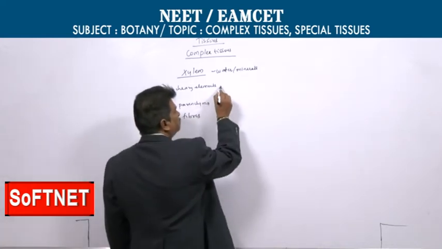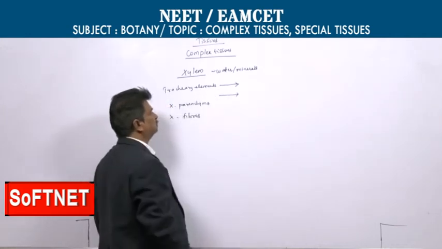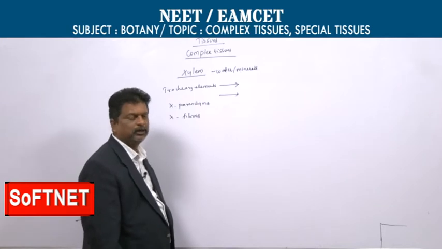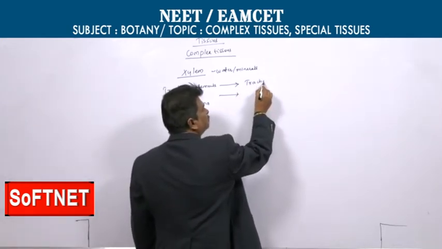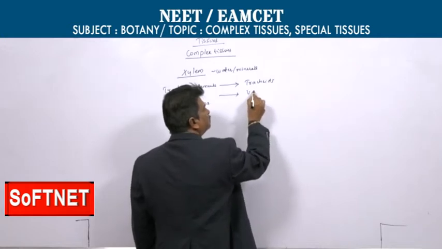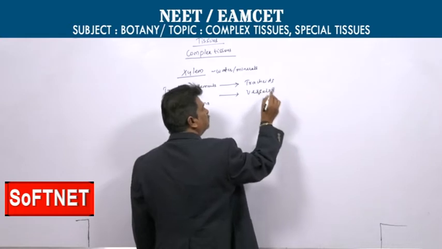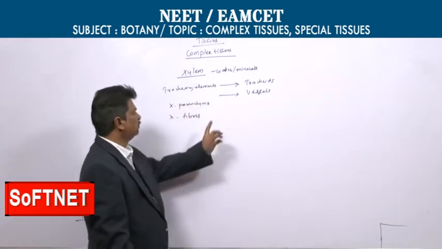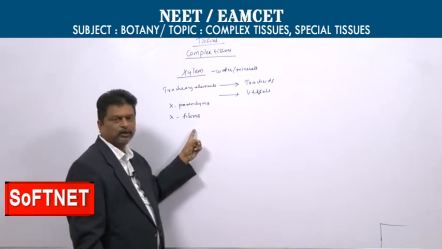Rightly, conducting cells or conducting elements of xylem are called tracheary elements. They include tracheids and vessels. So total parts of xylem: tracheids, vessels, xylem parenchyma and xylem fibers.